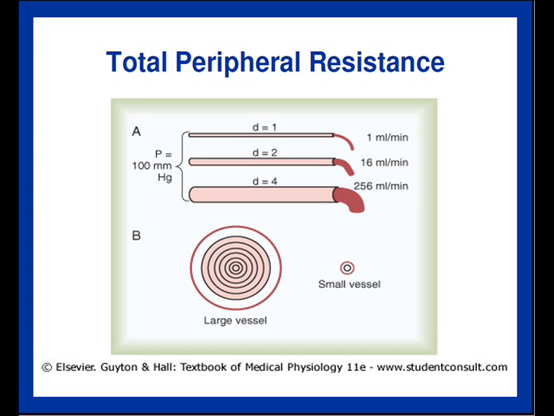Blood flow is proportional to the radius to the fourth power. As you can see, that's what I've done here, from another textbook. Double the radius, you end up with 16 milliliters per minute. Make the radius 4 times bigger, you end up with 256 milliliters per minute.